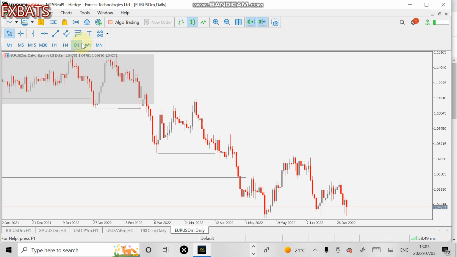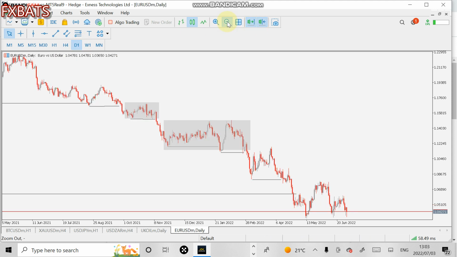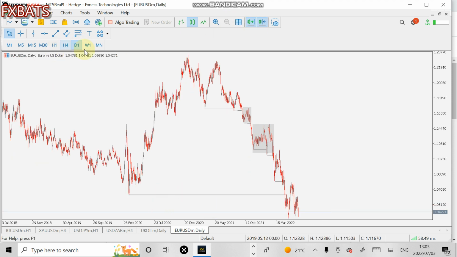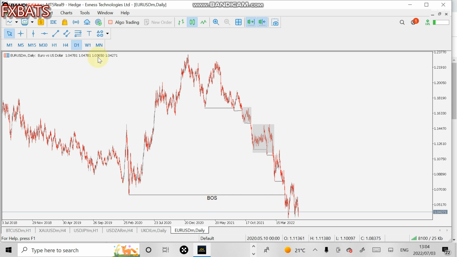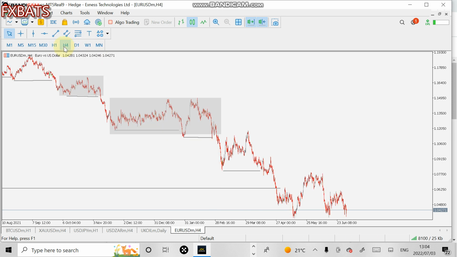To me, on daily, I saw the market breaking the major structure. Let me just point it out here, then I think it will make some sense. So I still assume that Euro is still continuing to drop.